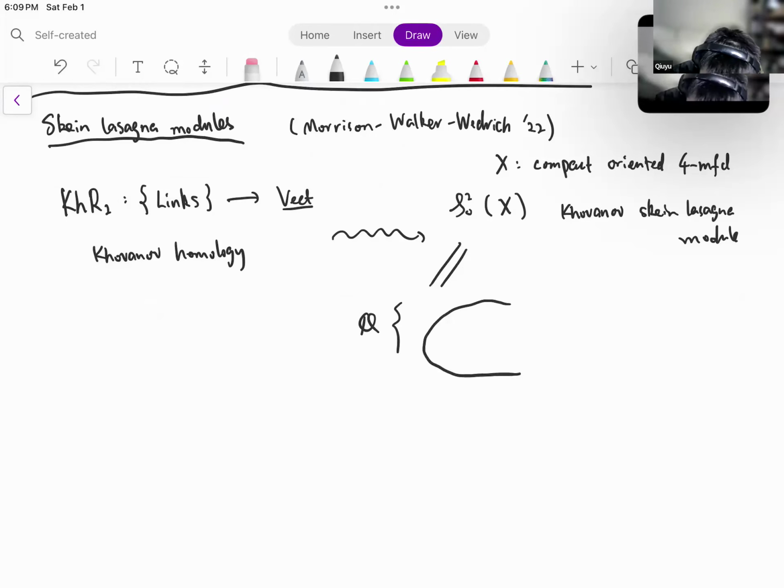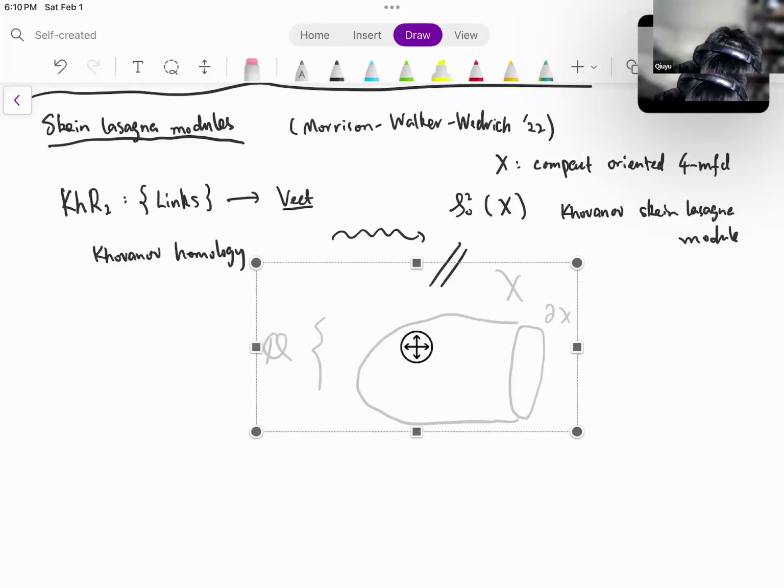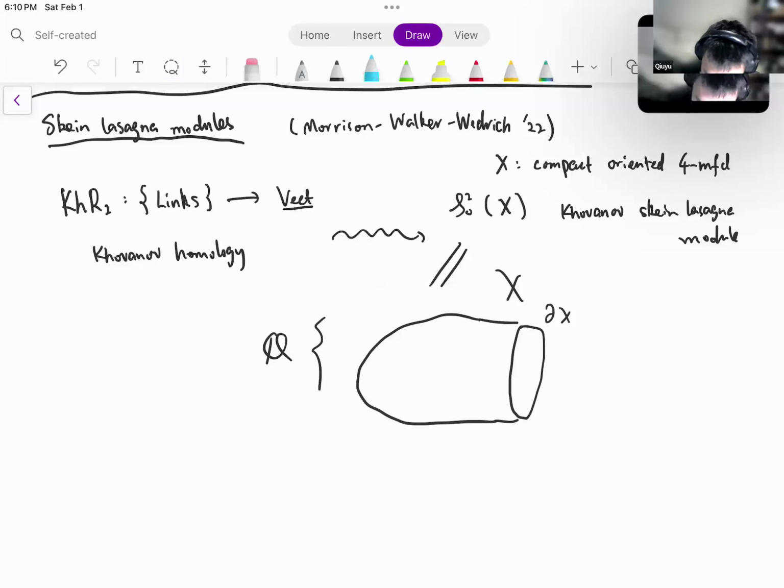some formal pictures like this. So this is my four-manifold X. It may have some boundary. And I'm going to consider surfaces in this four-manifold, which I will call skeins, but not exactly in the four-manifold, but rather in the four-manifold with finitely many four-balls deleted.